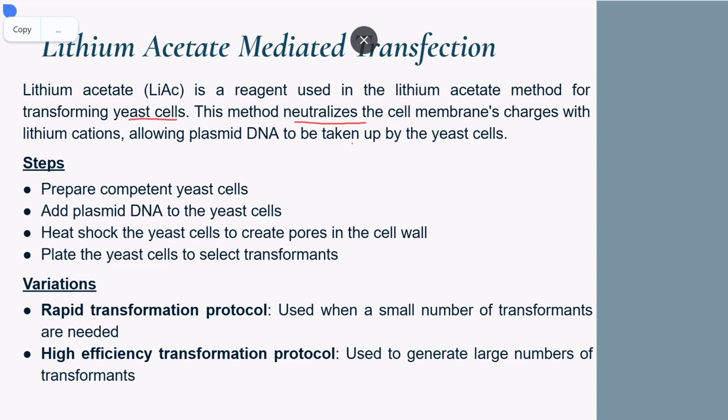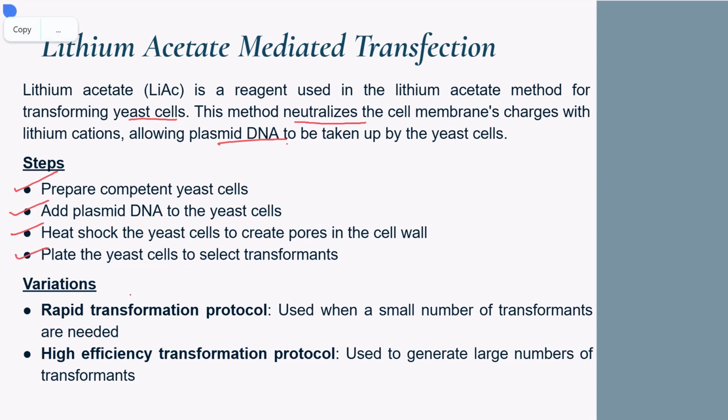So lithium cations will neutralize the negative charge on the cell membrane, allowing the plasmid DNA to be taken up by the yeast cells. So steps include: we prepare the cells, make the cells competent, then add plasmid DNA into the yeast cells, heat shock to create pores, and then plate the yeast cells. That is, we culture the yeast cells.